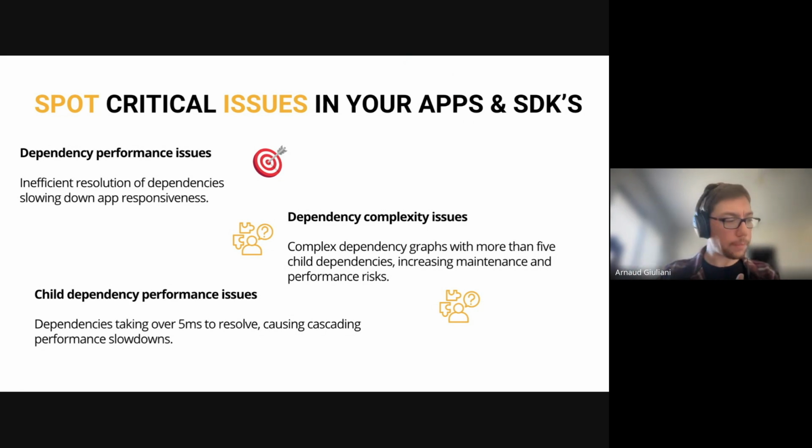One good point is that we can spot components that are complex or tend to become really complex, and that will block you in the medium term and prevent you from continuing to develop. I believe this is time for the demo.